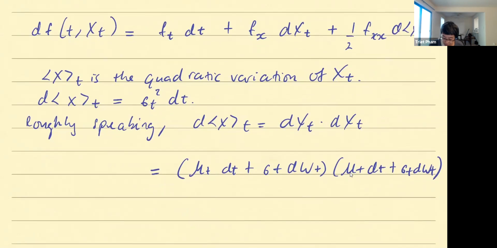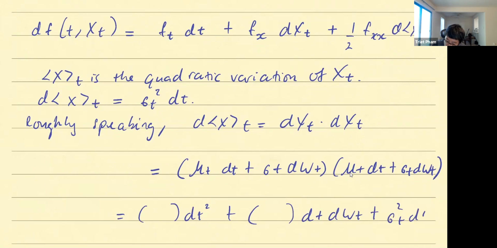And so what you got is something dt squared, something dt dwt, and finally sigma squared t dwt squared.